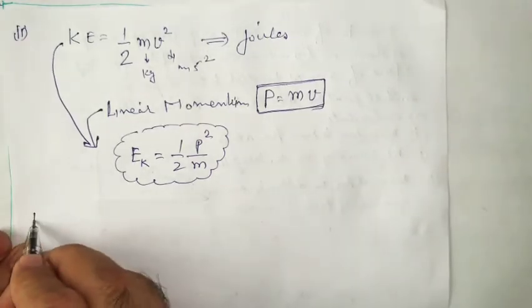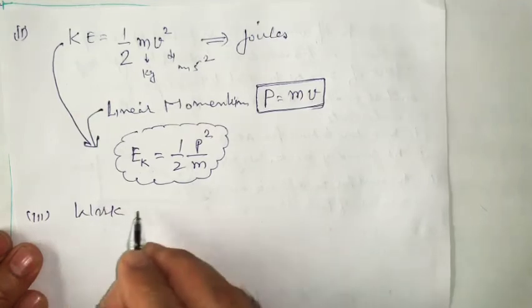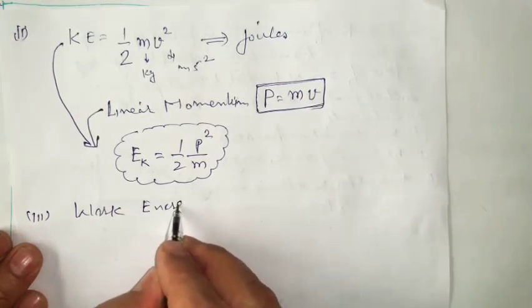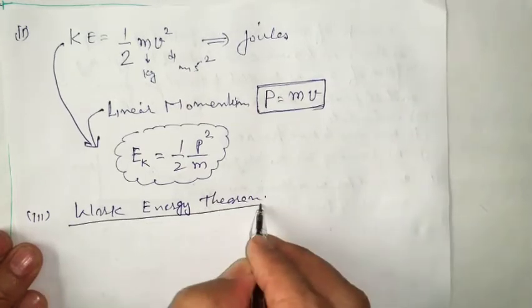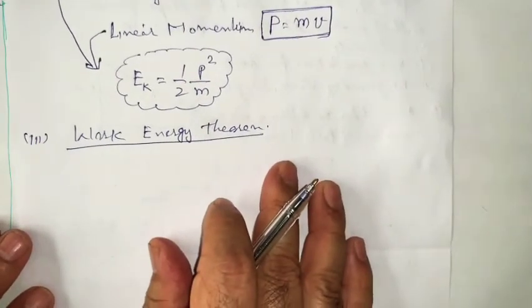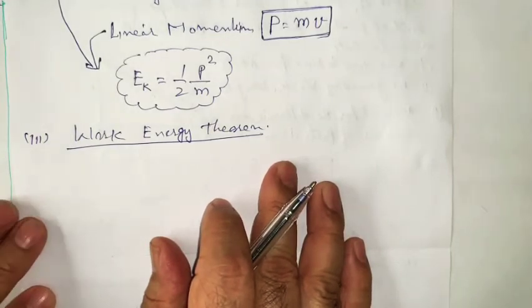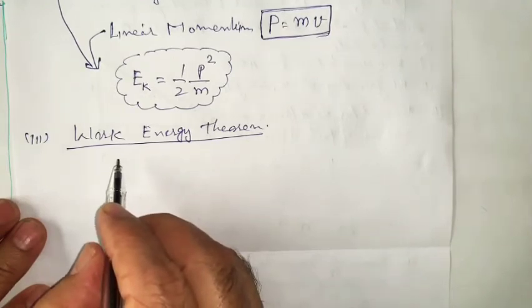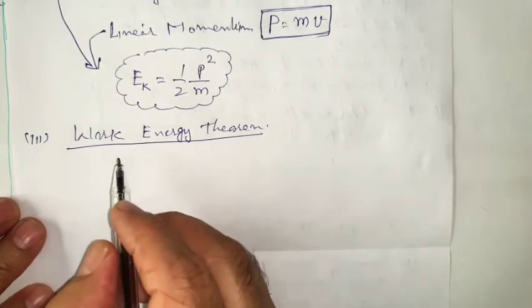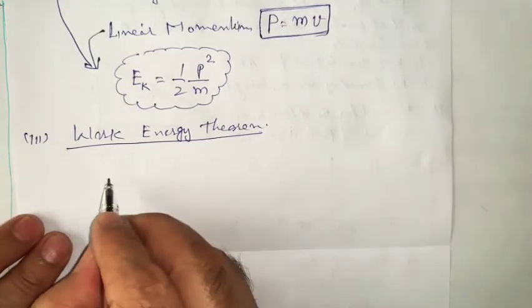Next one is about the work energy theorem. According to this theorem, the difference in energies is always equal to work.